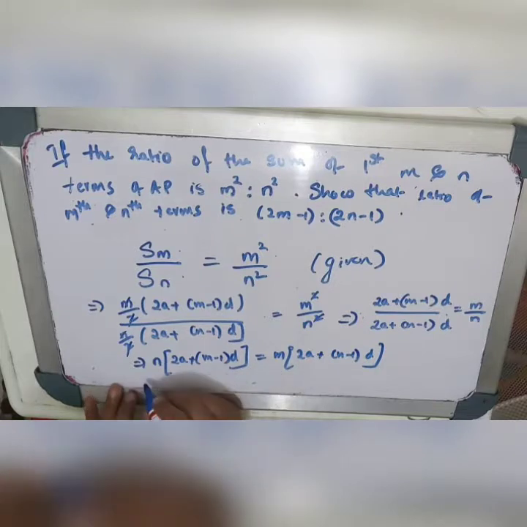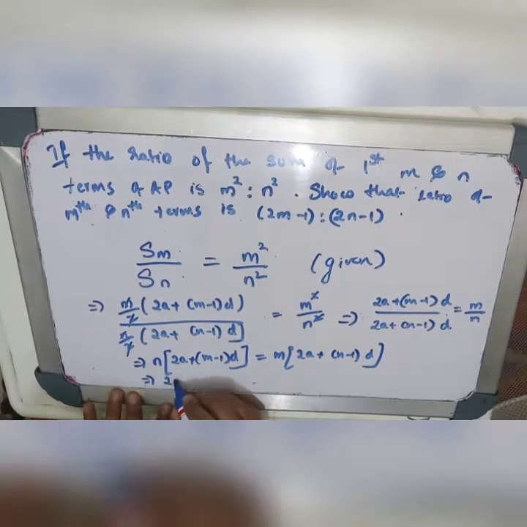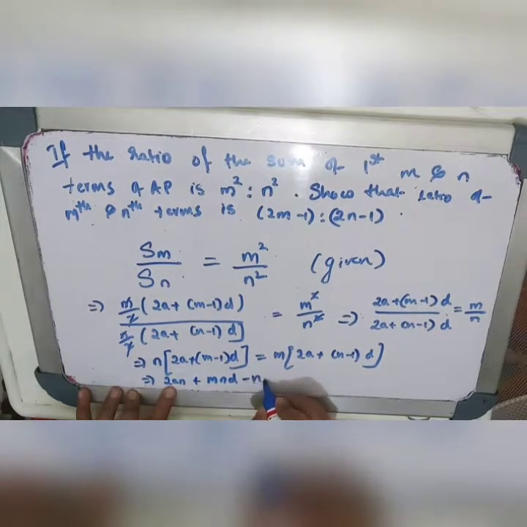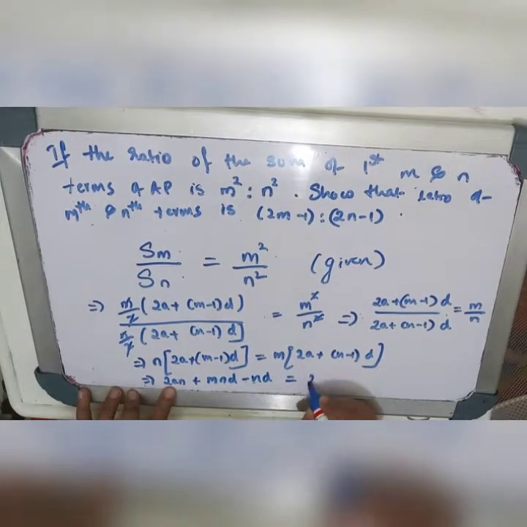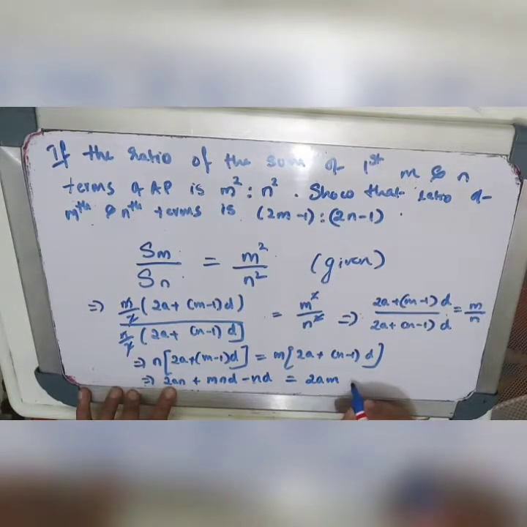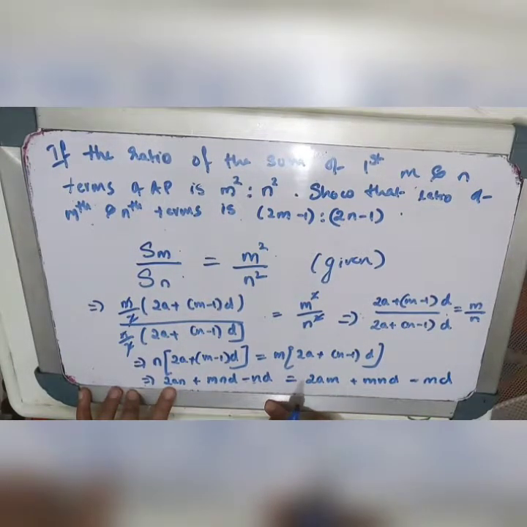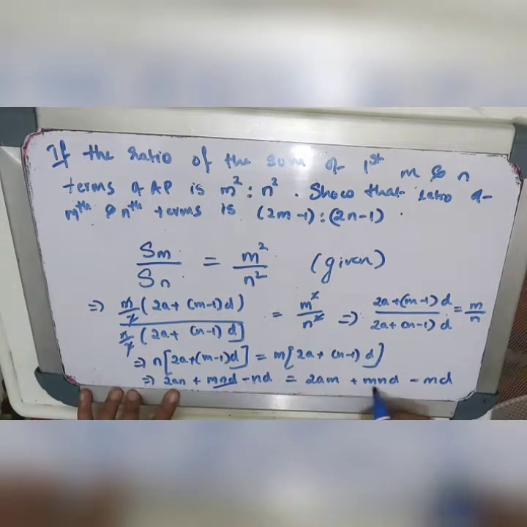Opening the brackets and expanding, 2an plus mnd minus nd is equal to 2am plus mnd minus md. Okay. Now cancelling the similar terms from both sides.